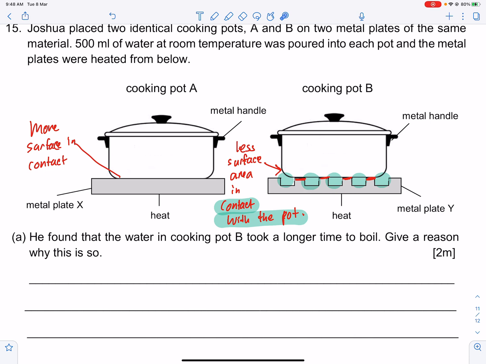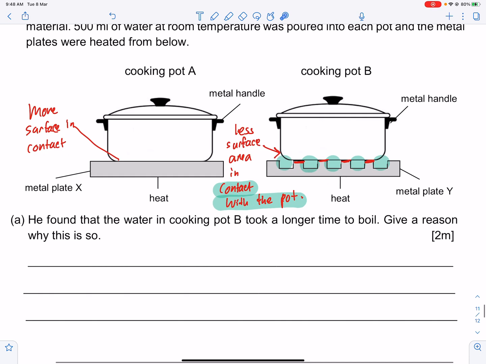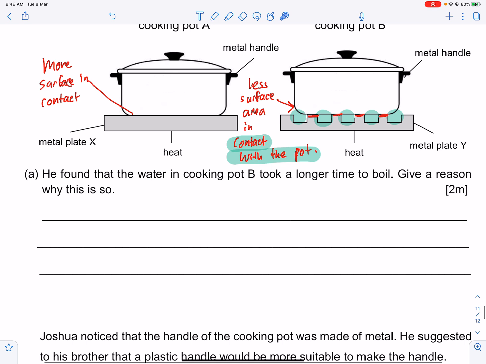Right? So, in your answers, I shouldn't be seeing exposed surface area. I should be looking at the concept of surface area in contact. Now, how would I pen this down?